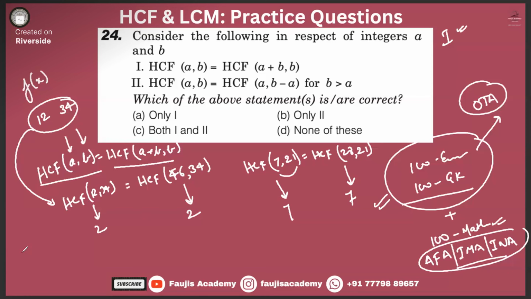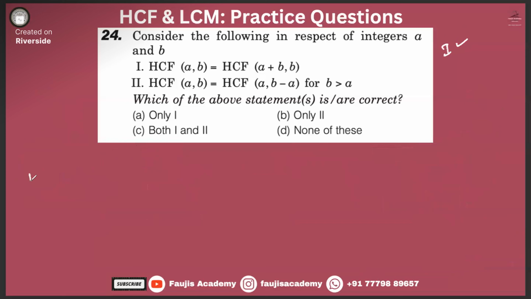Now let's move on to the second one. First one is correct. HCF of A comma B is equal to HCF of A comma B minus A, for B greater than A. Let's take two numbers.